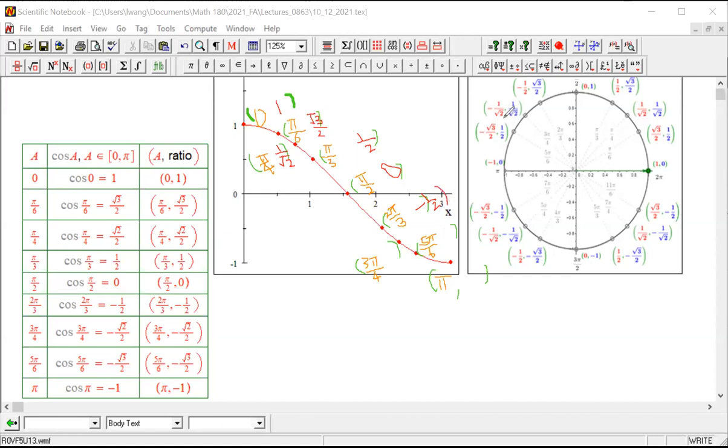Red number -1/√2. Red number -√3/2. And eventually red number -1. It's not done perfectly, but it is meant to make the connection. And I expect you to write it better than I do on your paper.